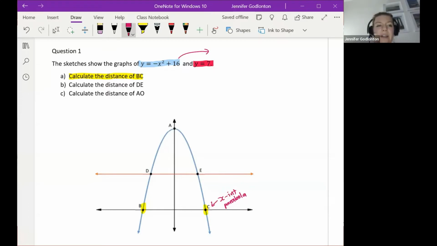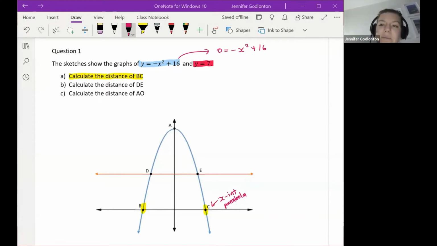So I think by the sounds of it, we're definitely on the right track of substituting 0 for y. So we're going to have 0 is equal to negative x squared plus 16, because we want our x-intercept, and at an x-intercept y is equal to 0. From there, we want to move everything so that our x squared is positive and our 16 is negative.